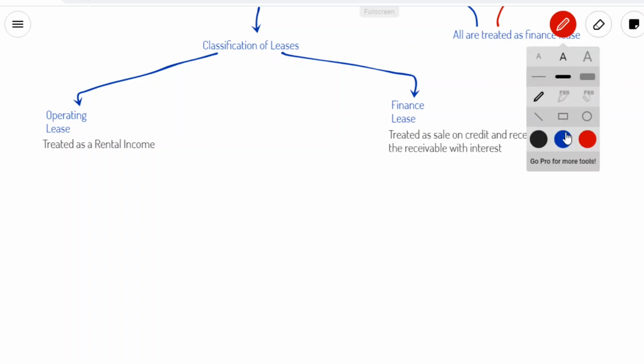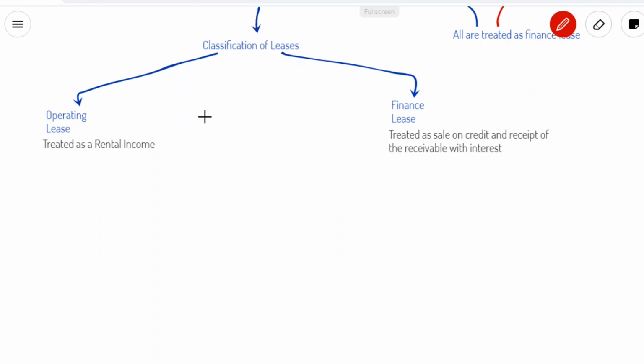However, in the case of finance lease, it is transacted as if the lessor has sold that asset on credit to the lessee and received the payments of the lessee with interest. So it is the counterpart of the lease treatment of the lessee.